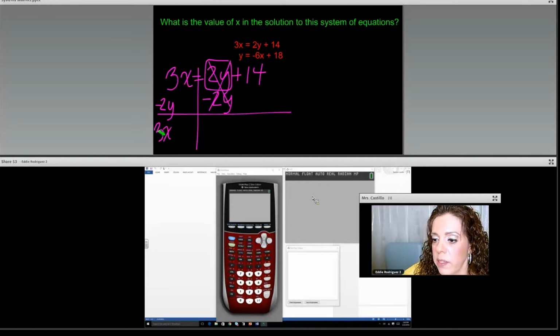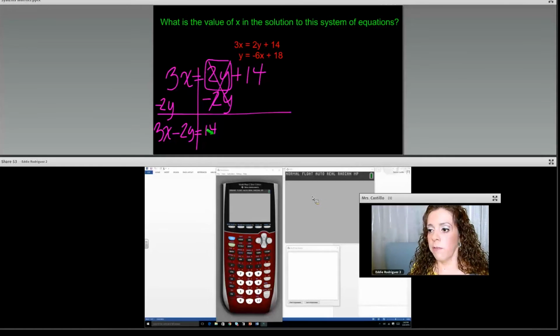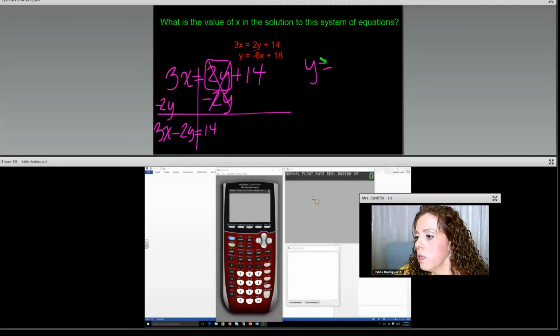For our second equation, here you can see that our x is on the right-hand side. So that will need to move over to the left. We have y equals negative 6x plus 18. So we're going to move our x now.